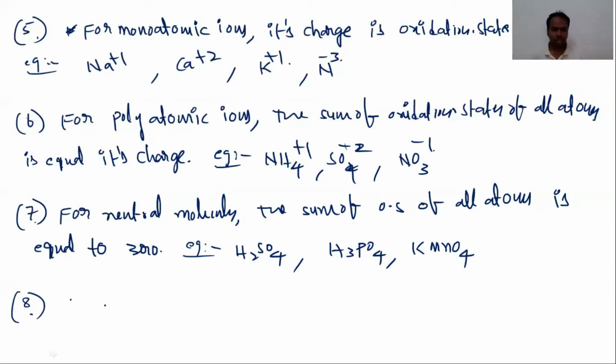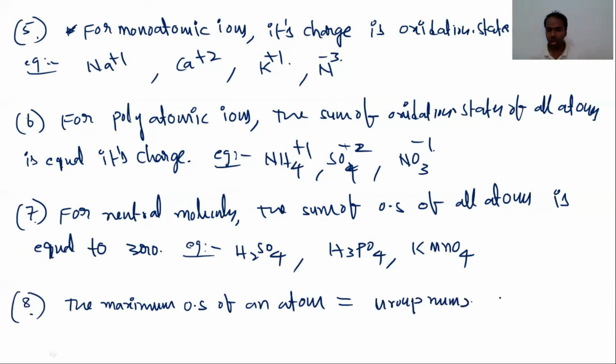The maximum oxidation state of an atom is equal to its group number, or the total number of valency electrons.